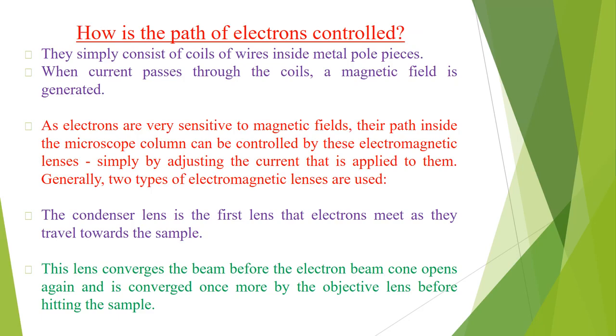Number one is the condenser lens, the first lens that electrons meet as they travel towards the sample. This lens converges the beam before it opens up again, and it is converged once more by the objective lens before hitting the sample.